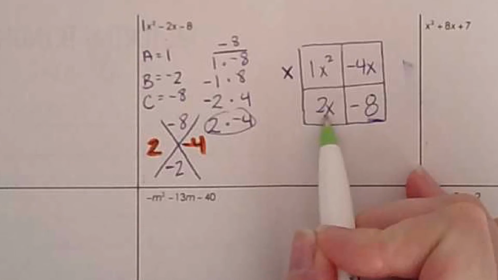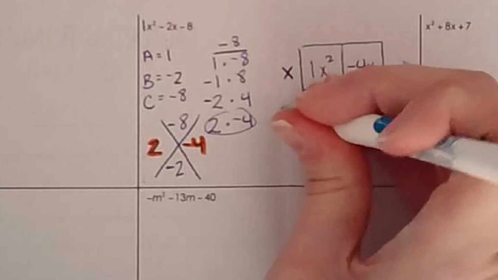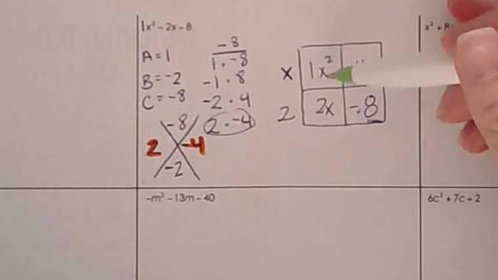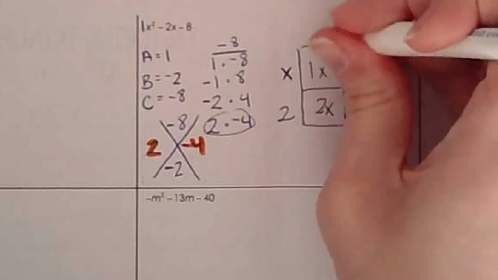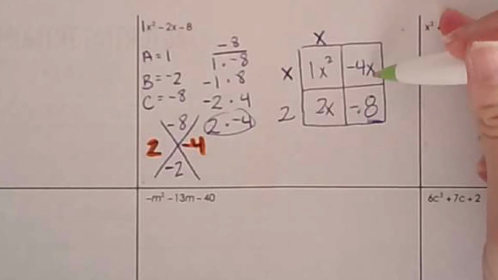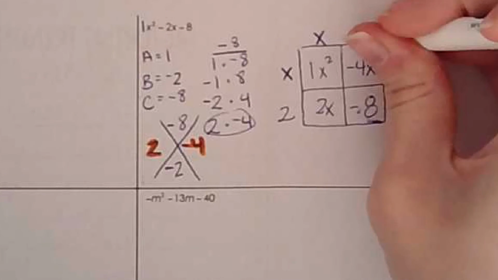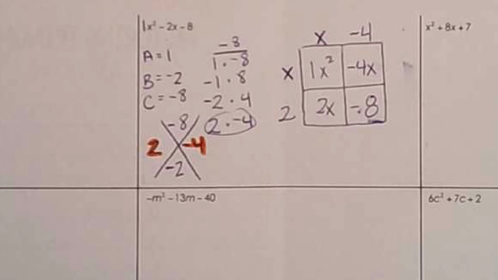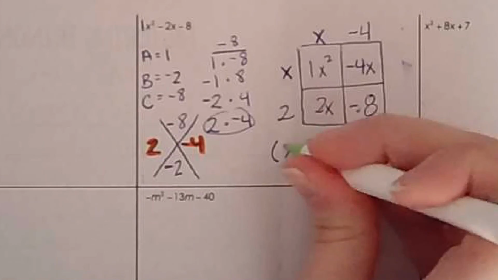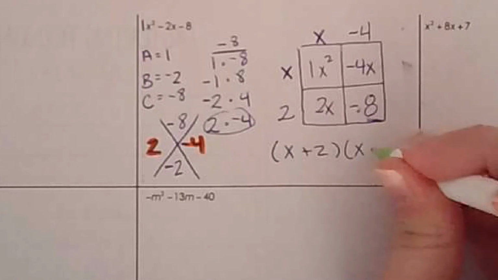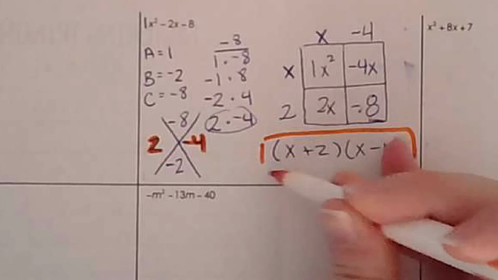My greatest common factor of 2x and negative 8 would be 2. In this direction, my greatest common factor of 1x squared and 2x is just x. My greatest common factor of negative 4x and negative 8, I could take a negative 4 out of both of those. So that tells me that my binomials were x plus 2 and x minus 4, and that is my factored form.